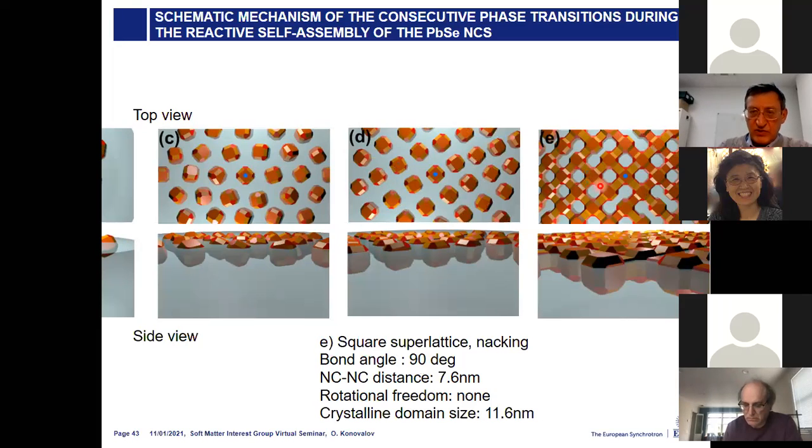But what should be added here, and was not told before, is that, as you probably remember from the beginning, these nanoparticles in toluene were stabilized with oleic acid. So what drives the system from this hexagonal orientation to the cubic one? It is the fact that this stabilizer, oleic acid, is not covalently bonded to the particles.